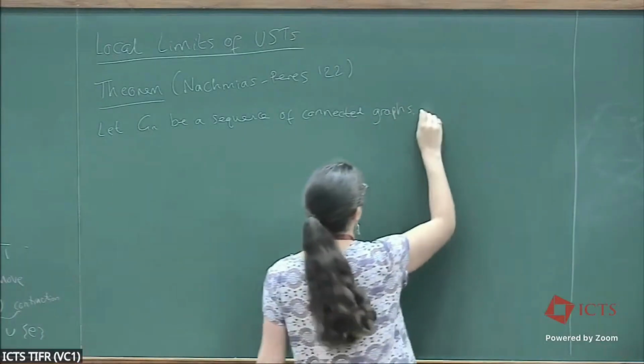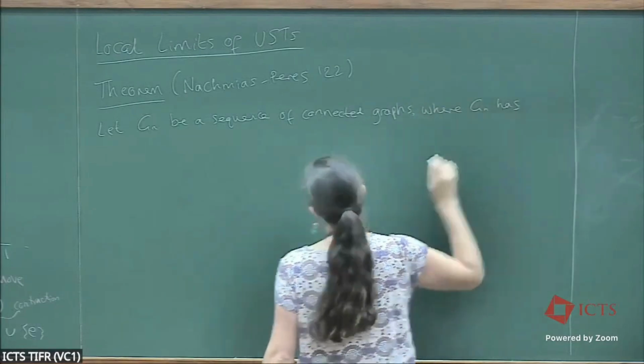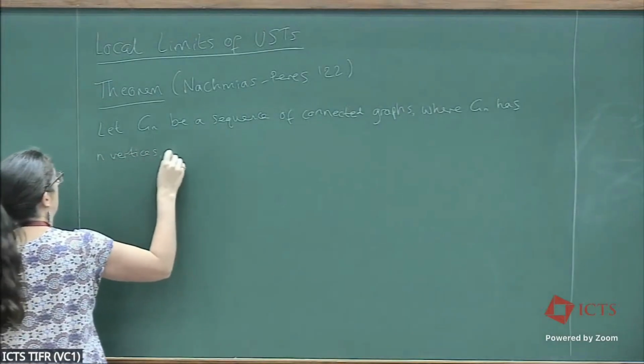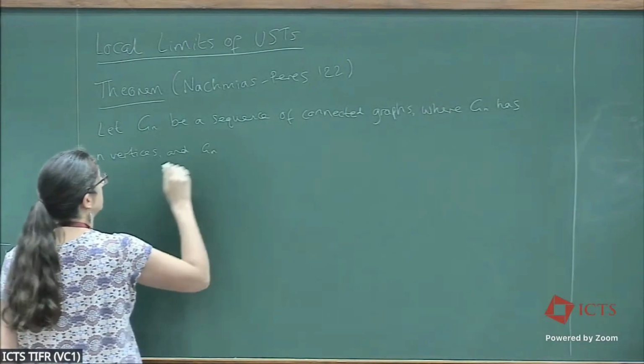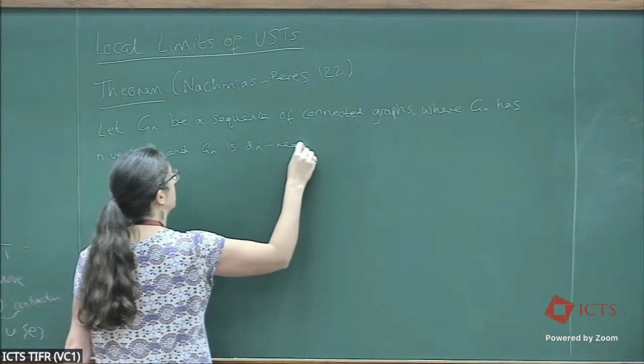Gn has n vertices, and also Gn is a regular graph. So I'll call it Dn regular.